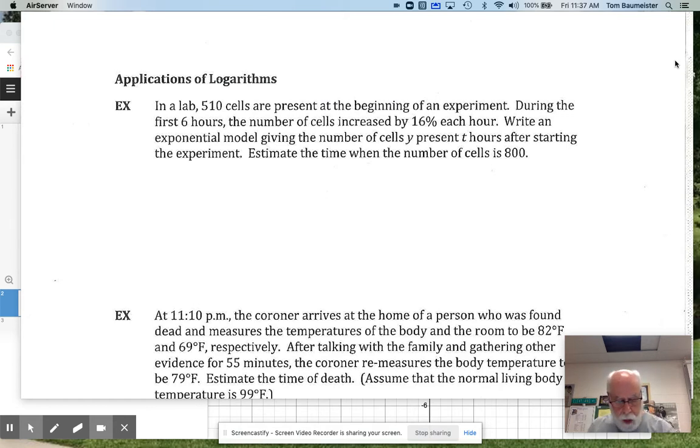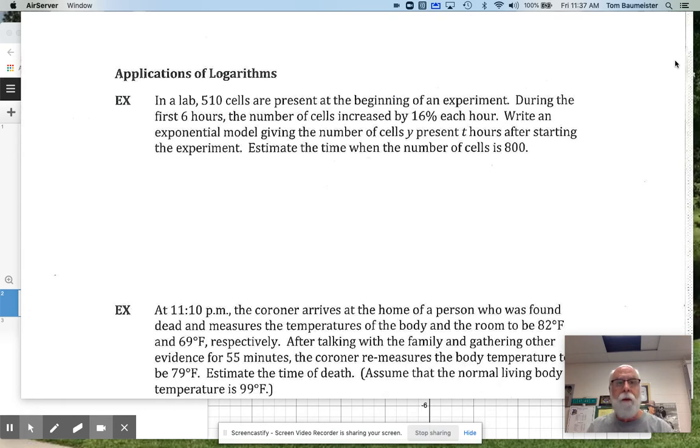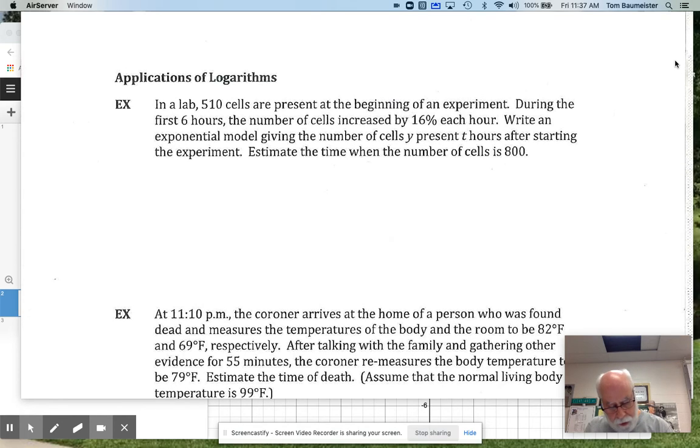So on this, remember, for our equation, it's y is equal to a times b raised to the t power. All right? So remember, it's a 16% increase, so that would tell us that b is equal to 1 plus 0.16.